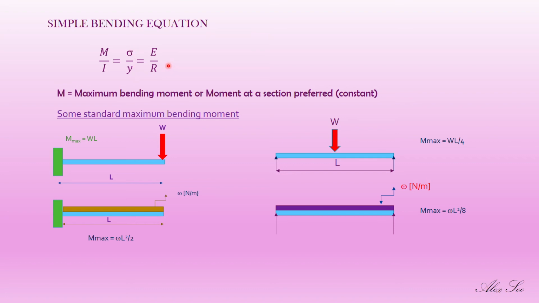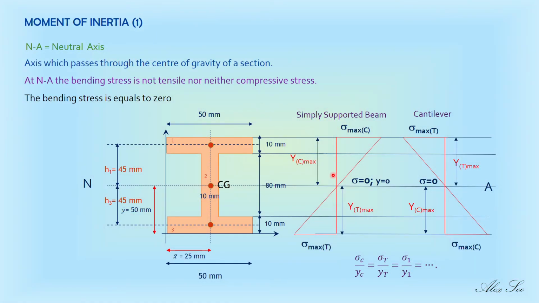What is the y value? Again, the y value is the vertical distance that you measure from the neutral plane, from the neutral axis, to the preferred layer at which you want to measure the bending stress. Let's say I want to find the bending stress at the topmost layer here. Look at my pointer.